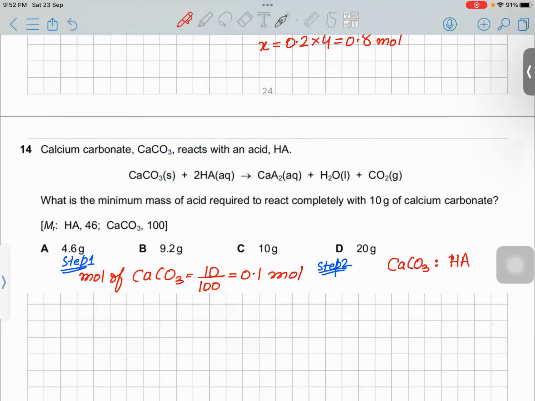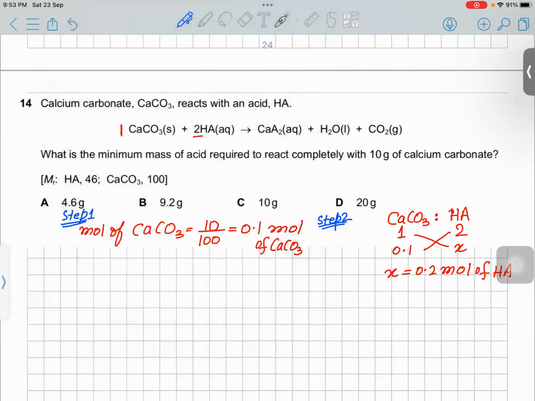So the ratio is 1:2. You can see that here we have 1 calcium carbonate, here we have 2 HA. So calcium carbonate is 0.1, HA is X. You just multiply, so X is 0.2 mole of HA.